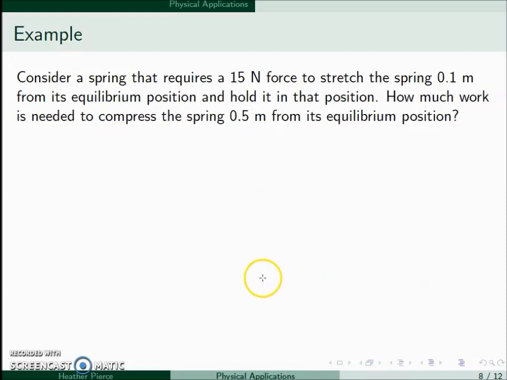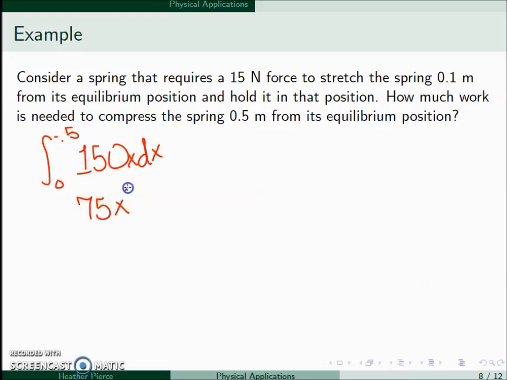Let's determine how much work is needed to compress the spring 0.5 meters from its equilibrium position. So since we're compressing the spring, we'll have 0 to minus 0.5, and our force was given by 150x. So this is 75x squared going between 0 and minus 0.5.